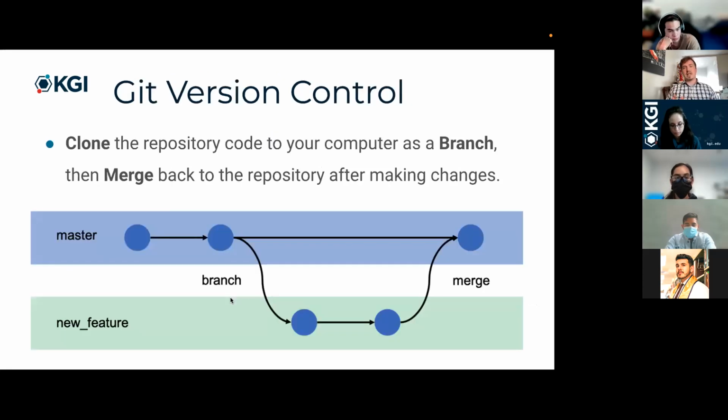Okay, a little bit about Git version control. The first thing you do to get a repository onto your computer is you clone it. And then if you want to work on a new feature without bothering anyone else, you can define a branch, and maybe I would call it Will's branch about us, right?